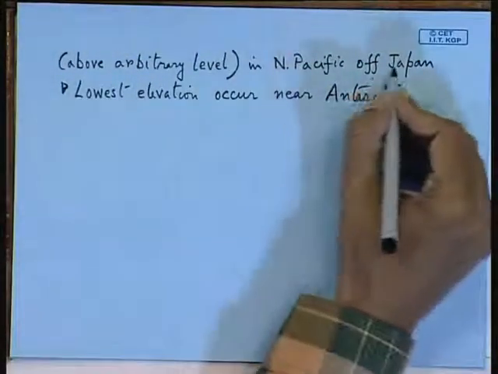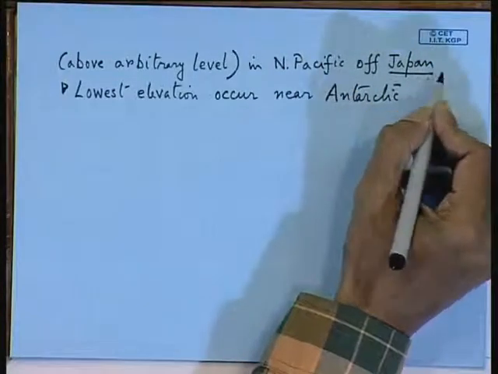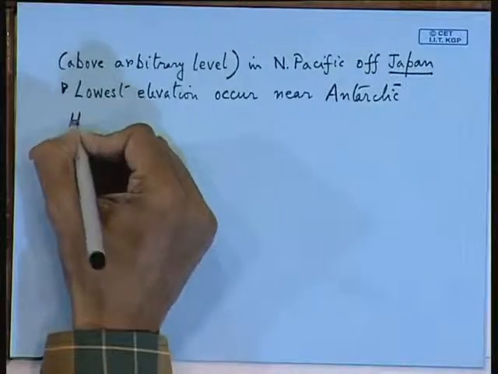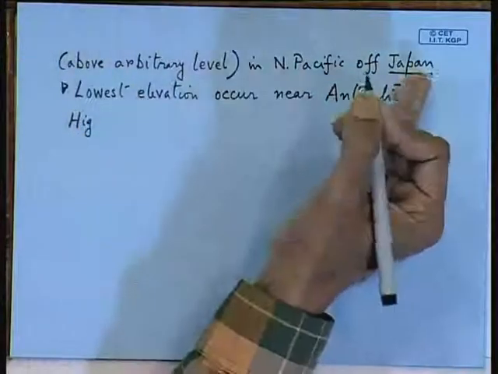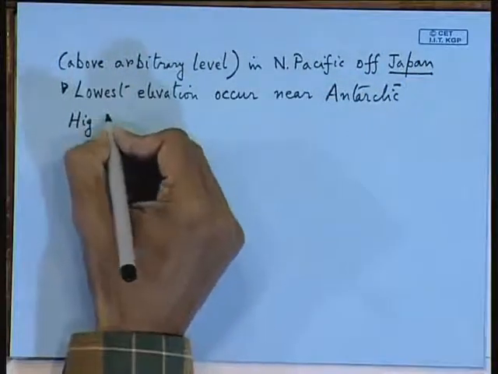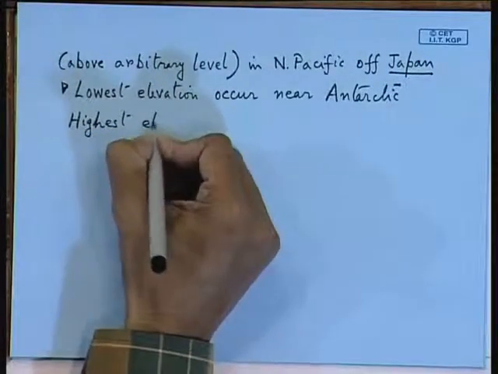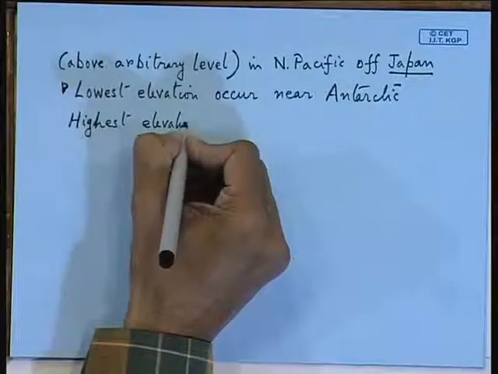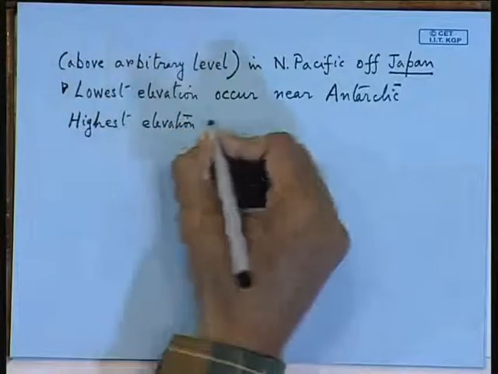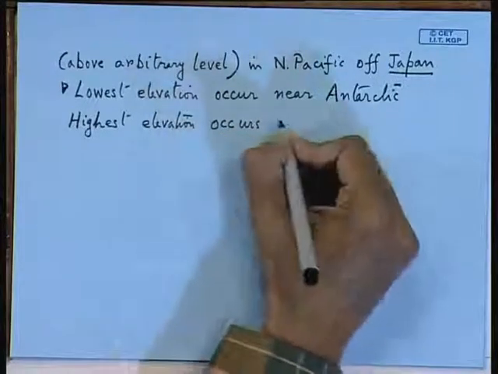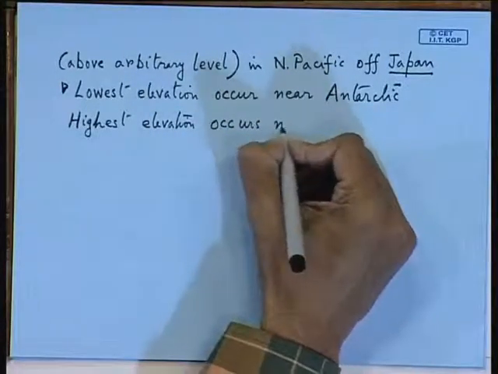Now, highest elevation occurs as in this coast of Japan. So you write highest elevation occurs near western ocean boundaries.